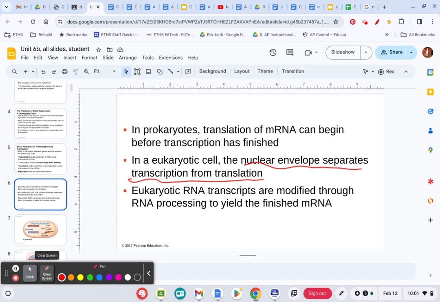And so we'll talk about that, because in eukaryotic cells, there's going to be some modification that happens. And that modification is going to be important in determining what kind of mRNA message you get. And just because you get one code when you start transcription doesn't mean you're going to end up with that. You may end up with a slightly different message.